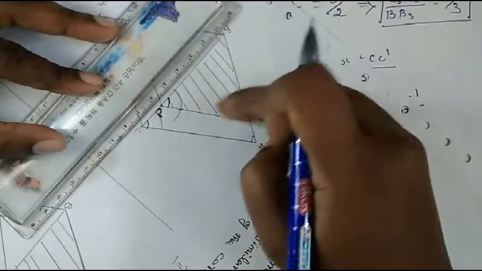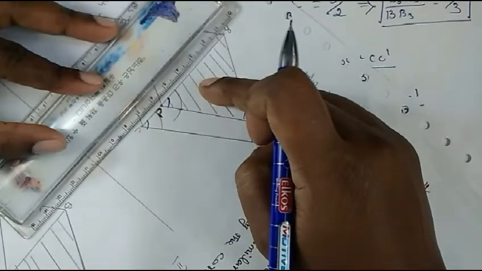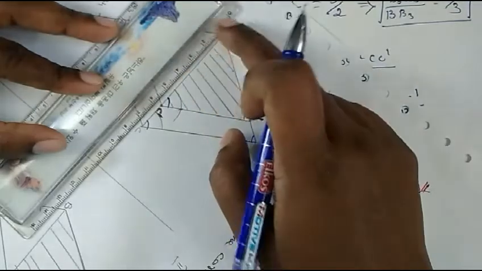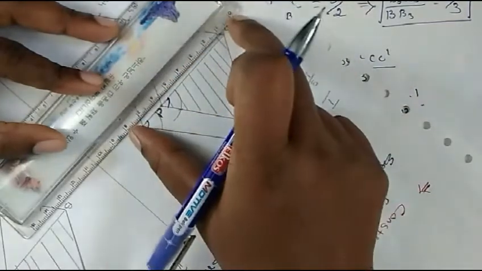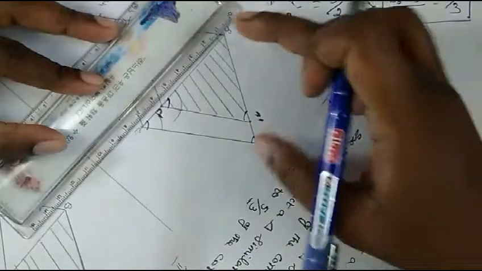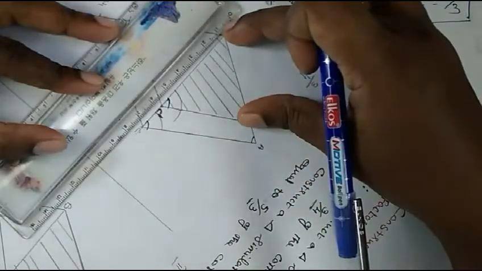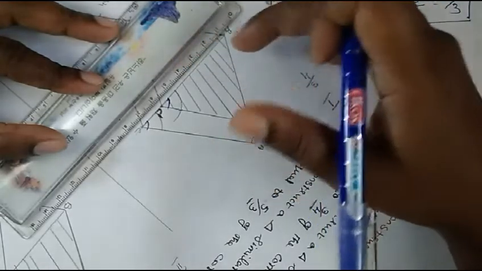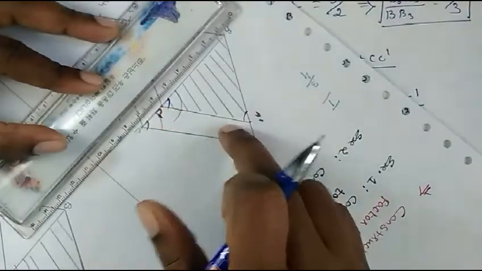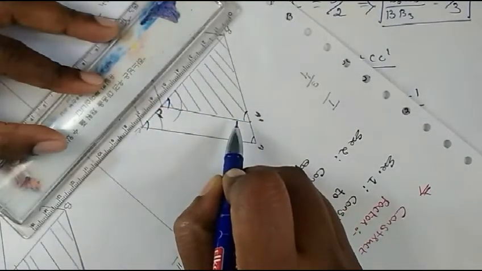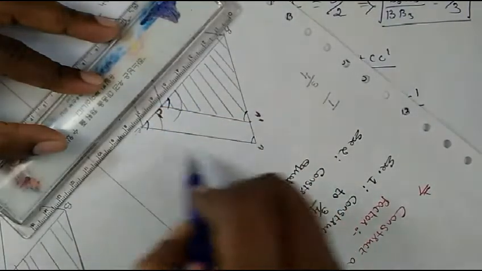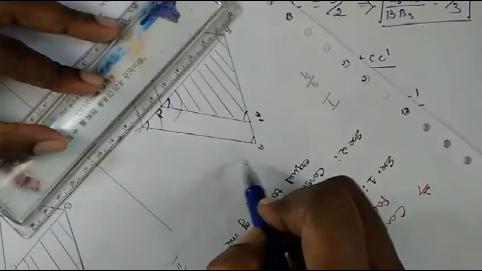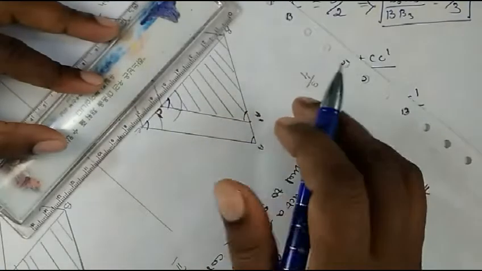If the small triangle side upon the bigger triangle side is 3 upon 4, then this side also, the small triangle side upon the big triangle side, will be equal. Same way the third side of the small triangle upon the big triangle side. So all three sides, the ratio will be equal. So that's what we are going to do here also.